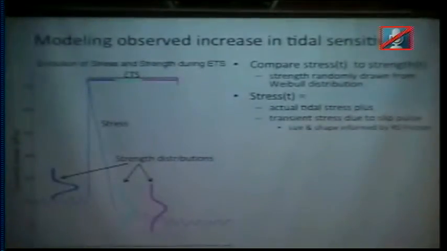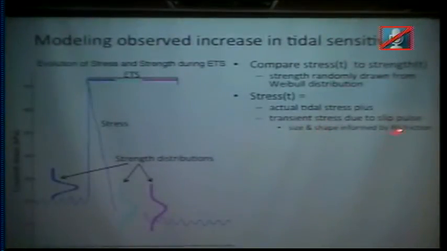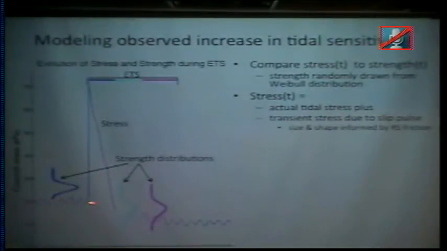And then we're going to need to add the transient stress due to the propagating slip pulse as we're propagating along strike. Rate and state friction and some arguments indicate that it needs to be asymmetric in shape and pretty high, relative to the overall stress drop.